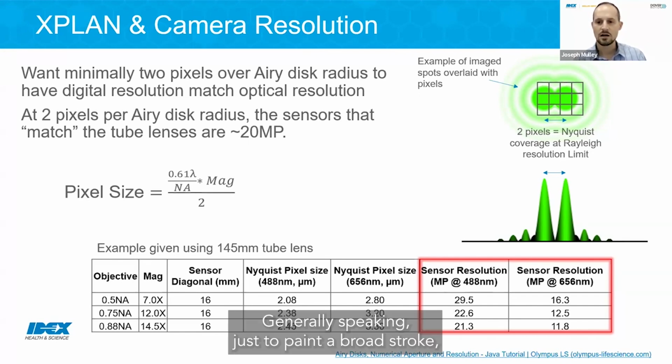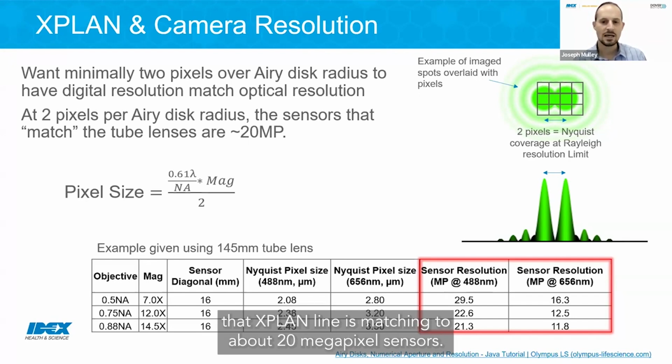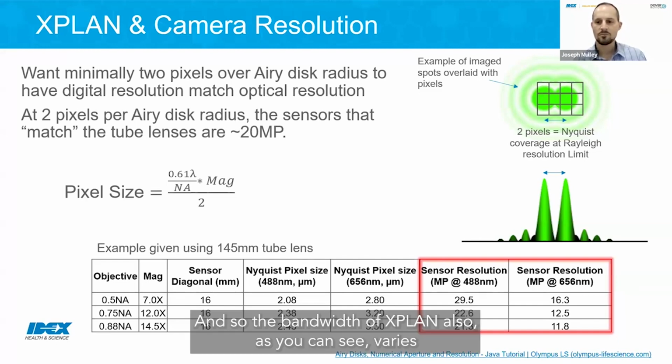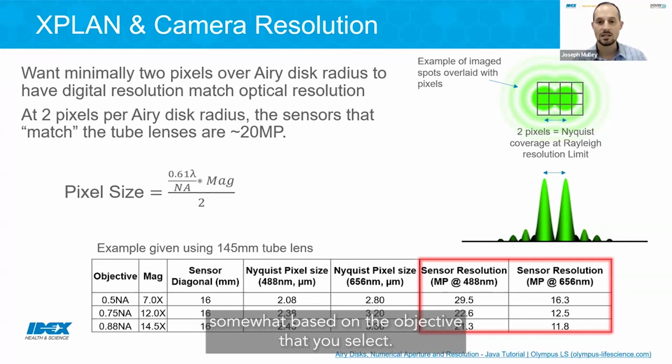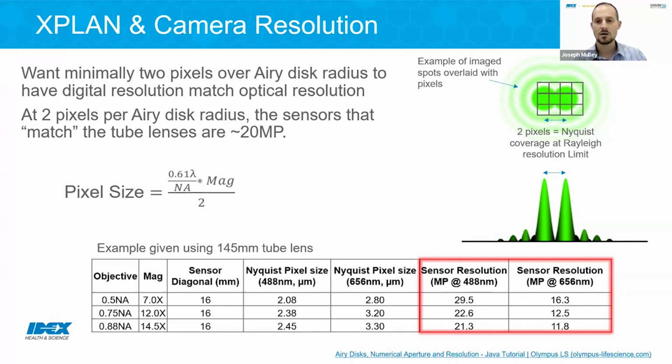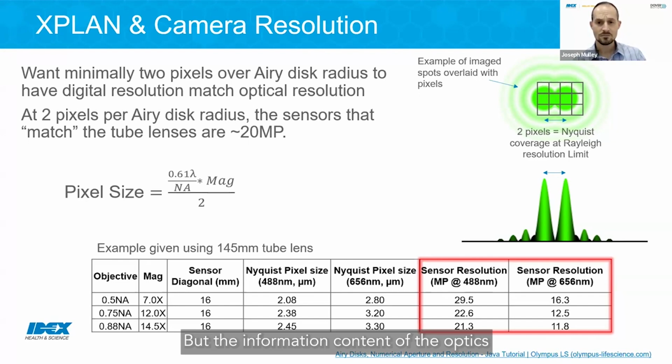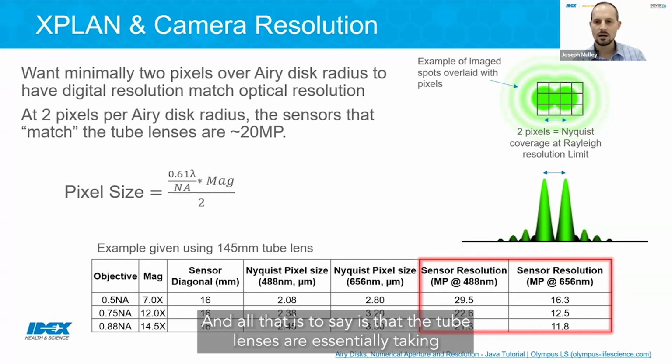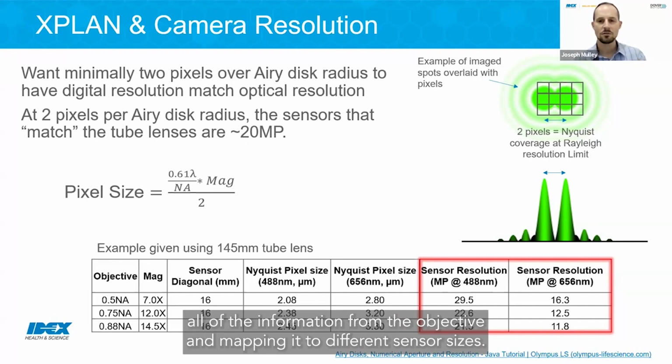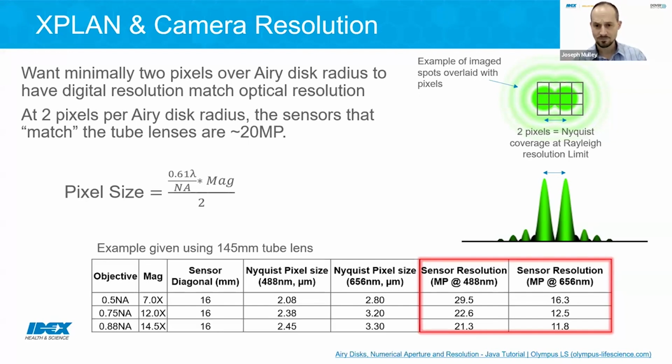Generally speaking, just to paint a broad stroke, that XPLAN line is matching to about 20 megapixel sensors. And so the bandwidth of XPLAN also, as you can see, varies somewhat based on the objective that you select. But the information content of the optics does not change based on the tube lens. And all that is to say is that the tube lenses are essentially taking all of the information from the objective and mapping it to different sensor sizes. So it's not limiting in any way.